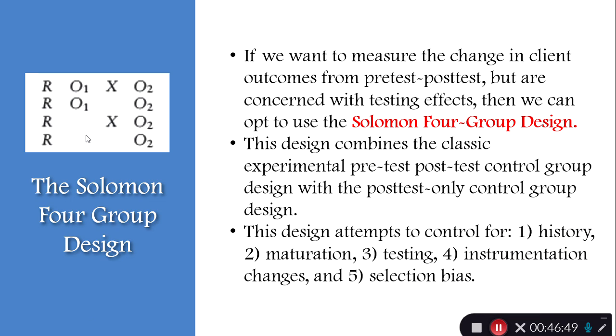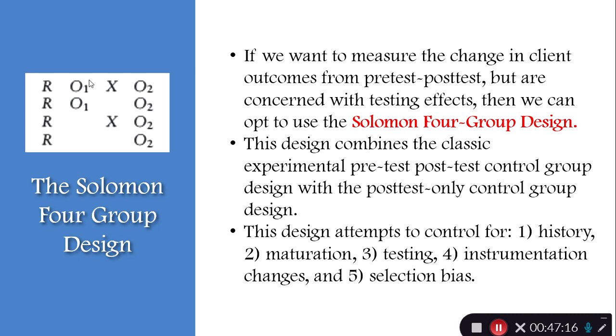This design attempts to control for all five threats to internal validity: history, maturation, testing, instrumentation change, and selection bias. And the reason why it controls for selection bias, all experimental designs control for selection bias, in the sense that randomization is used.